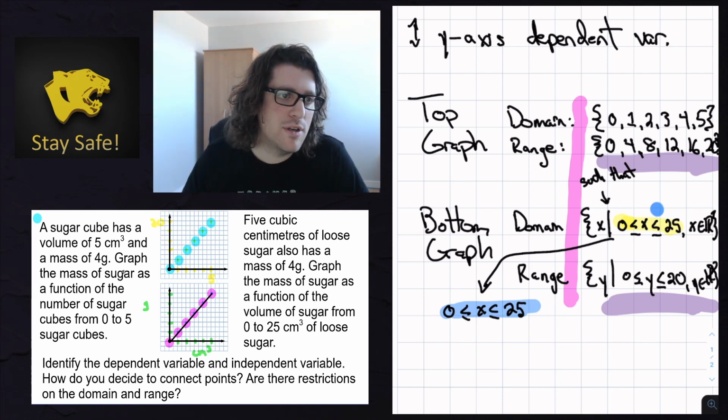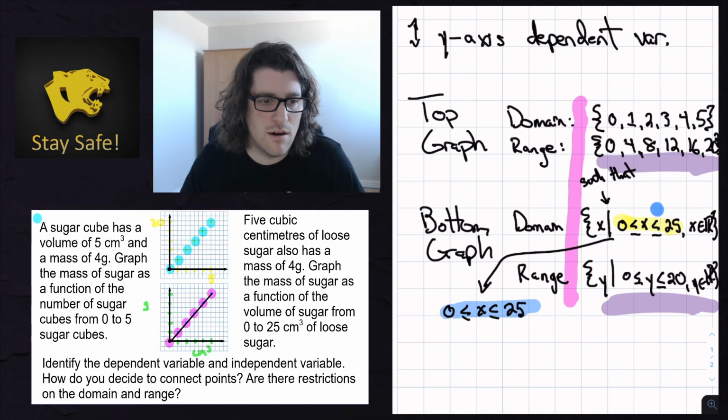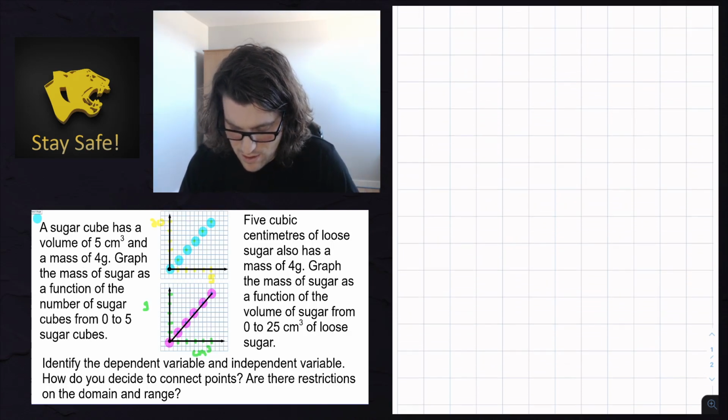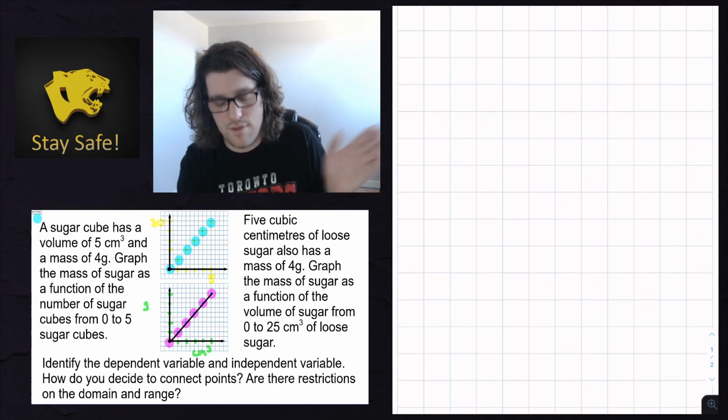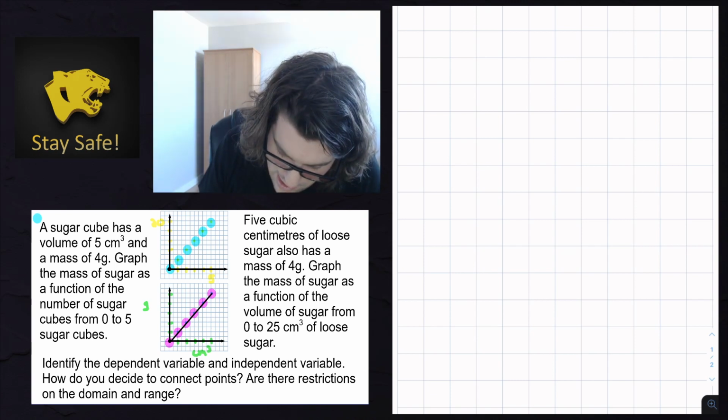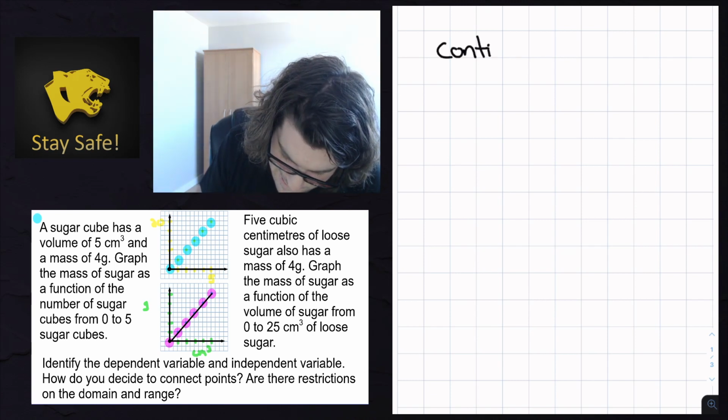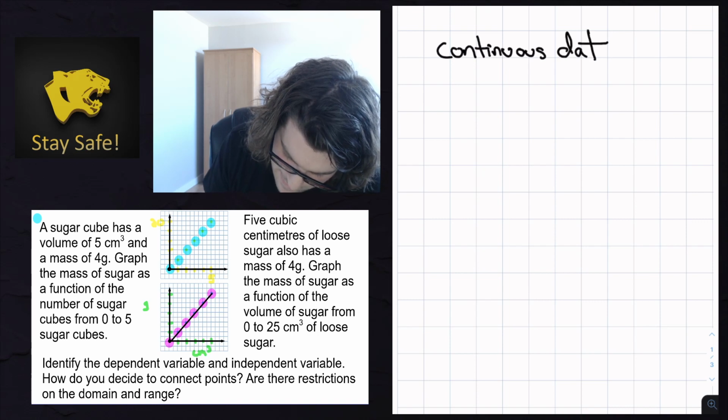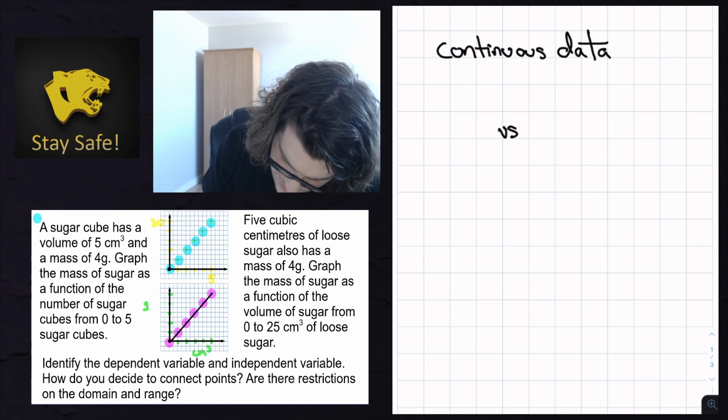I'm actually going to take a minute here because I don't think I have a slide for it. And I'll just off to the side over there, I'm going to write down continuous data versus discrete data.